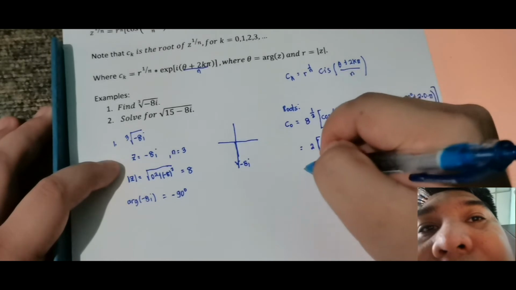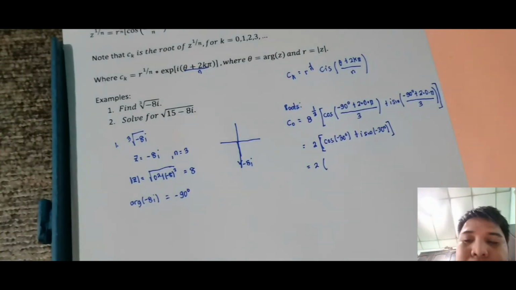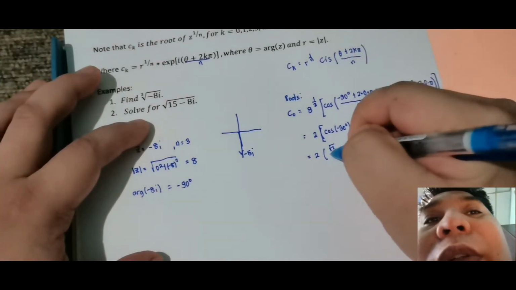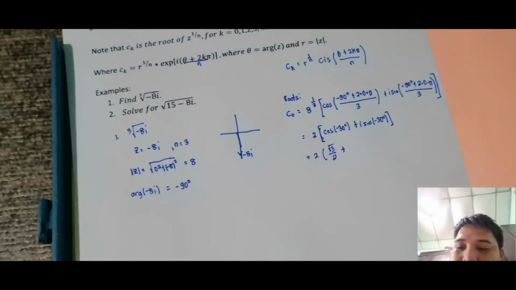Okay, next. Calculate that. That is 2 multiplied by, what is the cosine of negative 30 degrees? When you calculate the cosine of negative 30 degrees, that is square root of 3 over 2. Plus the sine of negative 30 degrees, that is negative 1/2.